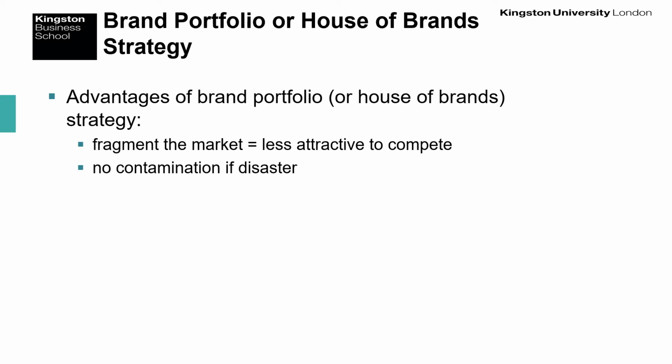But because Perrier was a completely standalone individual brand, the negative publicity and the sales decline that resulted, which Nestlé had to work very hard to turn around, was restricted purely to Perrier and did not spill over into other brands within the organisation's portfolio. Whereas if all the brands had a connection to the Nestlé name, or indeed a single brand was used, the negative publicity and the sales decline could have spread much more widely.